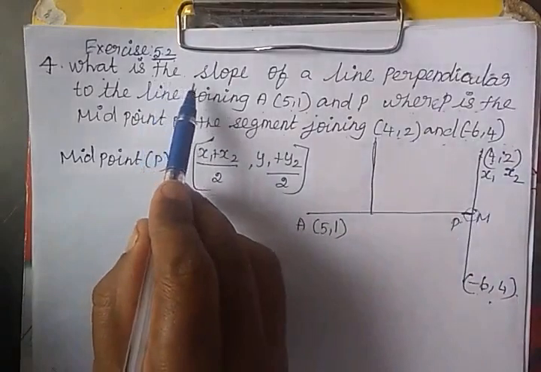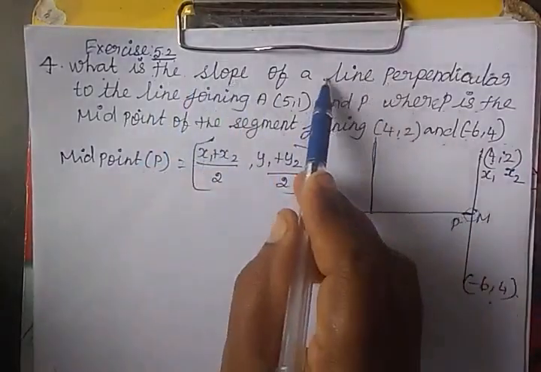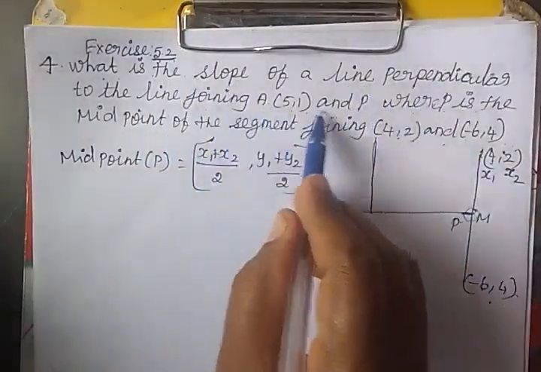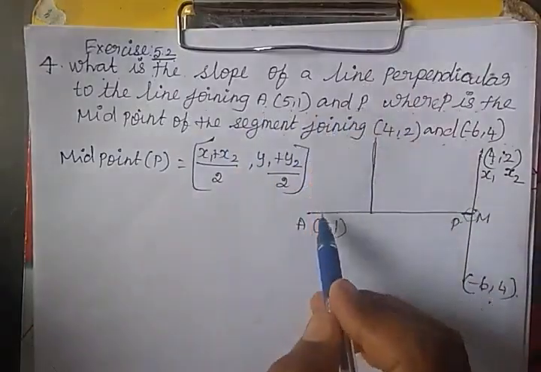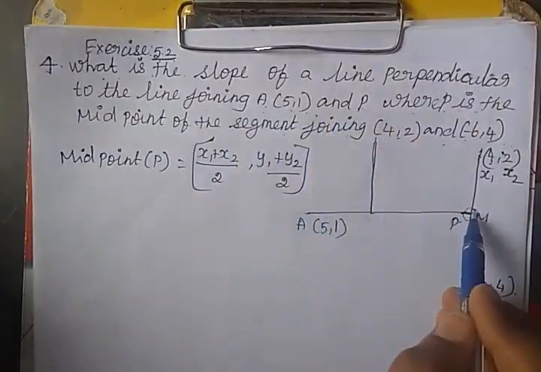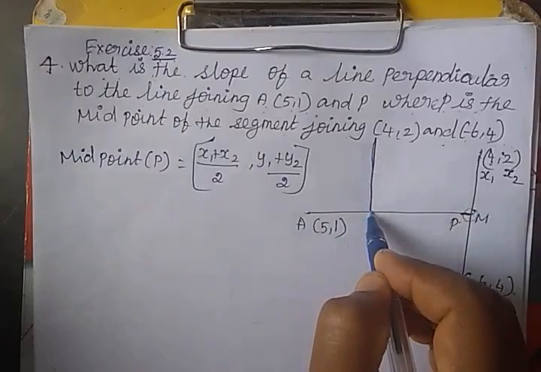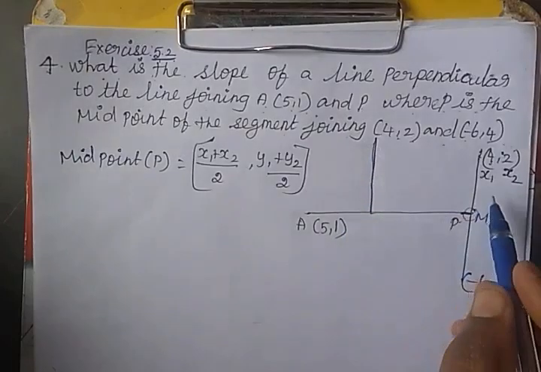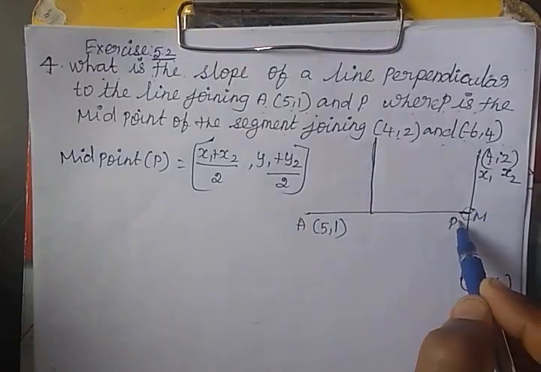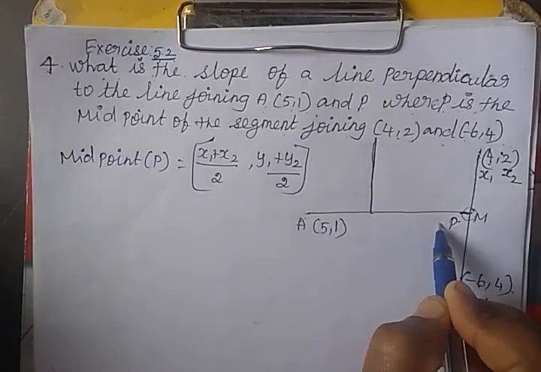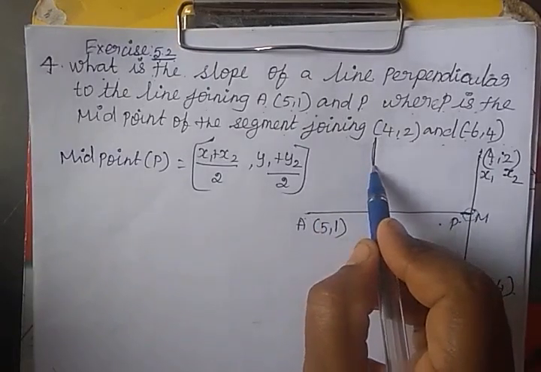They are asking for the slope of the perpendicular line. So we must find P, then the slope of AP, and then the perpendicular line's slope.